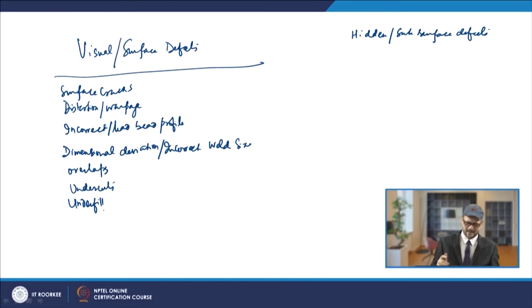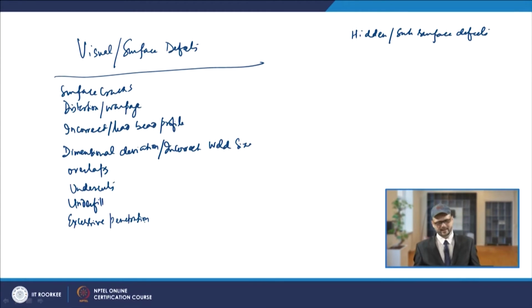Then you have excessive penetration. We have studied these defects. Apart from that you have unfilled craters, which is also among these visual surface defects, where the crater is not completely filled.